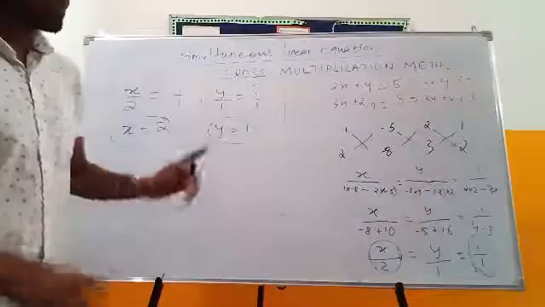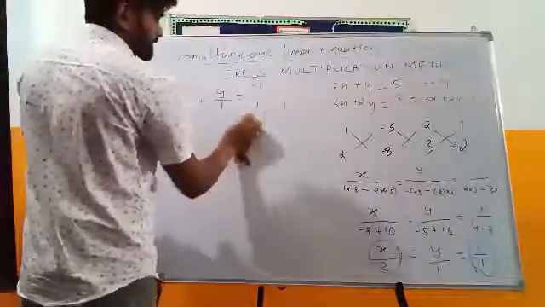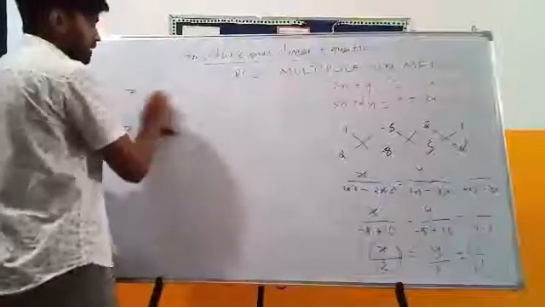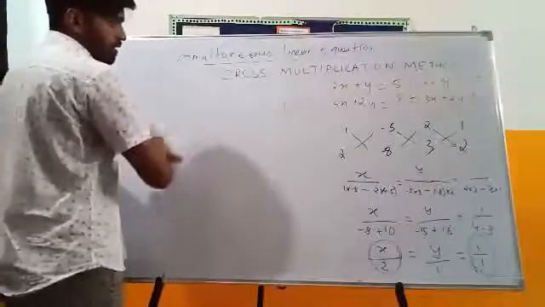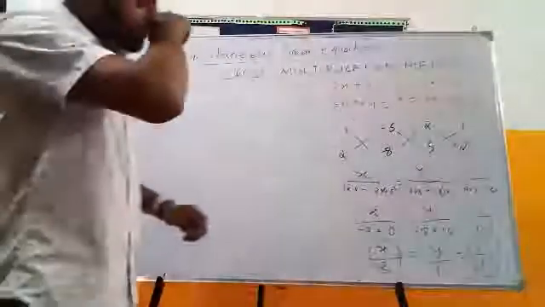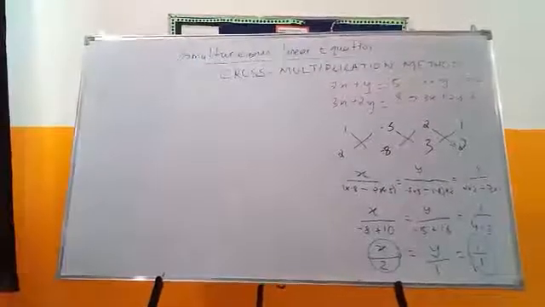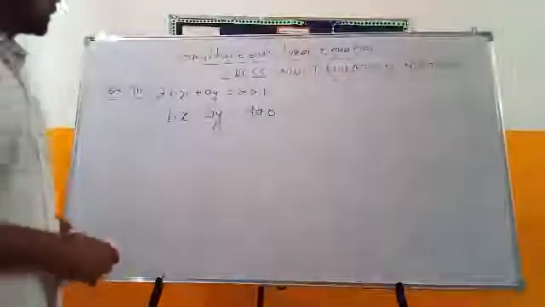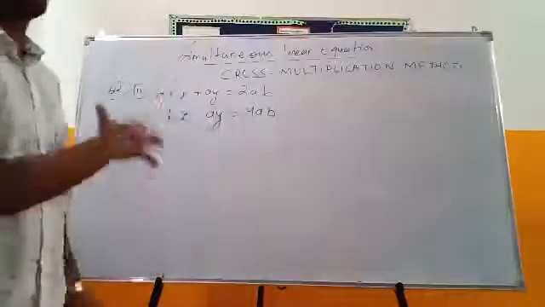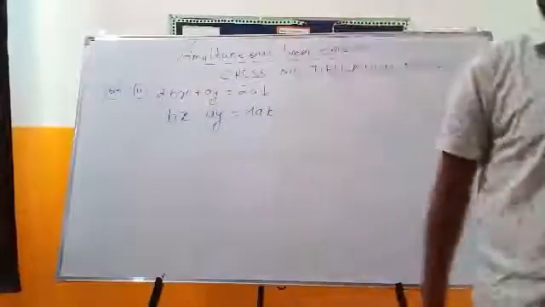I would love to do one more example for you guys, from your textbook, from the exercise. We'll be looking at one question, and we'll be solving this equation. This is one of the hardest questions in your books on cross multiplication method.